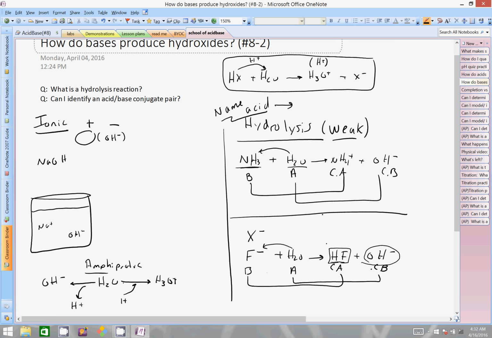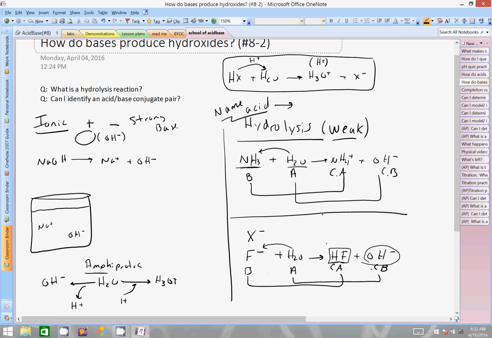This is a very effective way to get lots of hydroxides into solution very quickly. So the chemical formula is Na plus OH negative, and this is a really great way to produce bases. This is often referred to as a strong base. We'll talk more about that later.